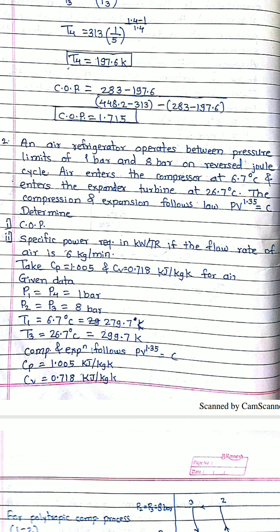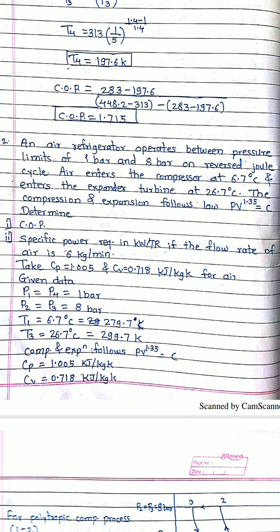So this value is different from 1.4. So I say the compression and expansion processes do not follow the isentropic process. So this follows the polytropic process, where instead of gamma 1.4 we write PV raised to n is equal to constant. So the value of n is equal to 1.35.